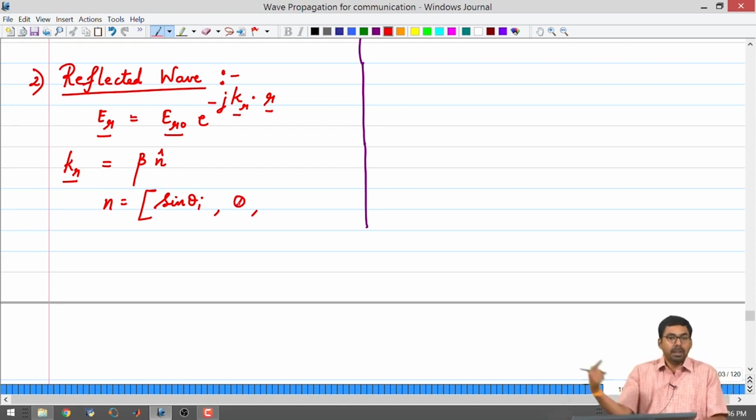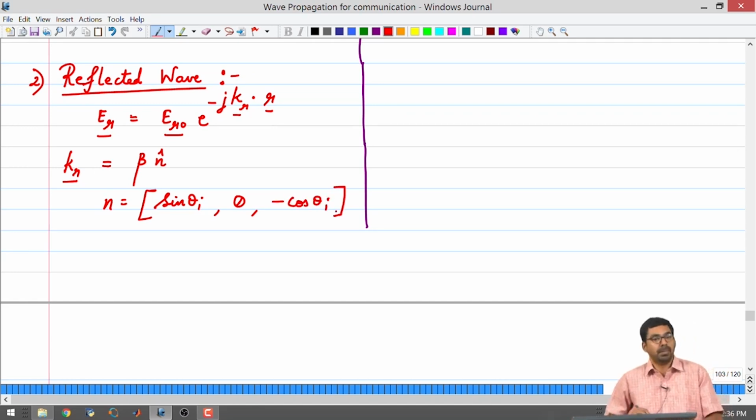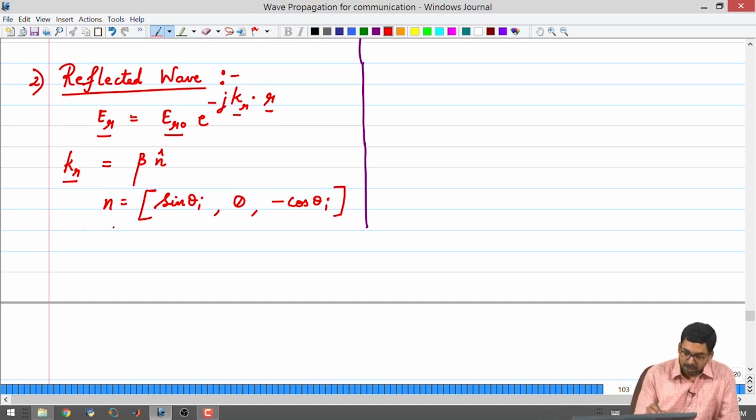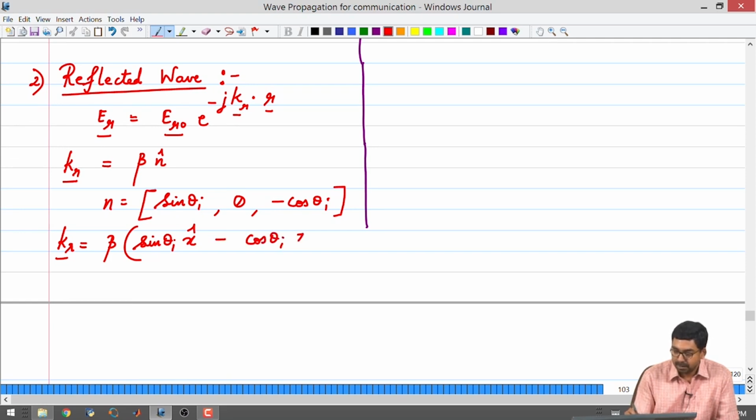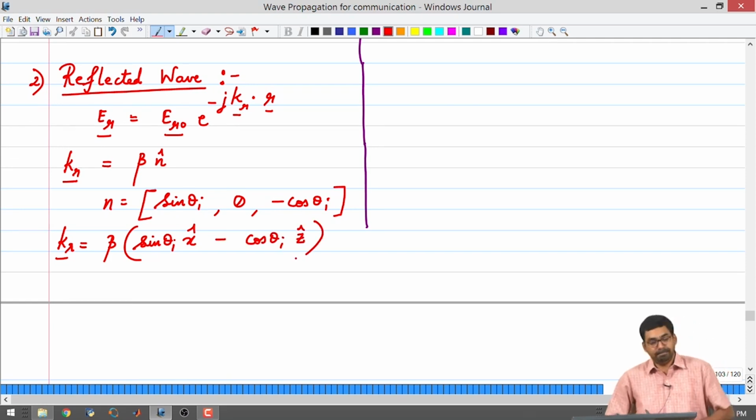The z component however is going in the other direction, so you have to account for that and write that as minus cos theta I. Once you have written the components, you can write down what k r is going to be: k r is beta multiplied by sin theta I x hat minus cos theta I z hat.